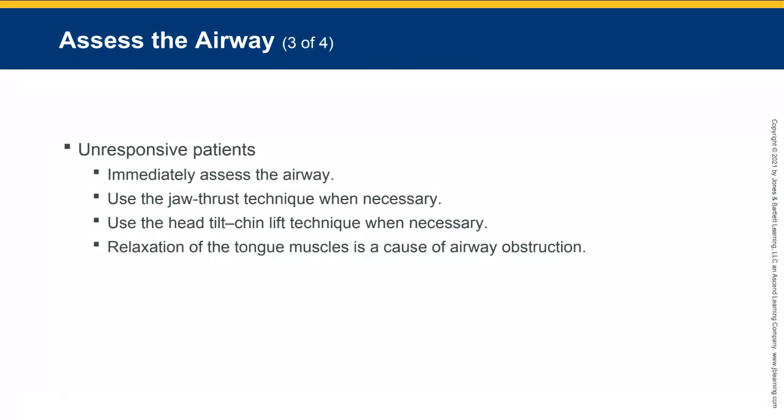For unresponsive patients or patients that are not talking to you, because the patient doesn't necessarily have to be unresponsive. The patient can be semi-responsive or only responding to pain. If the patient is not communicating, position the airway using the appropriate method, ensure it is clear, look, listen, feel, simultaneously check for a pulse.